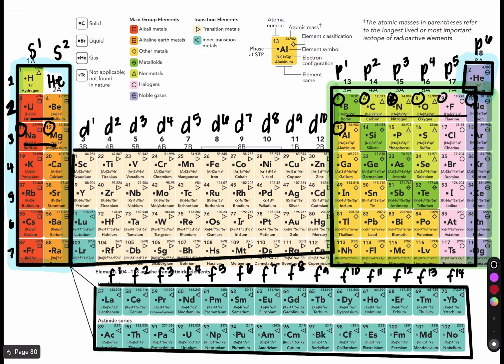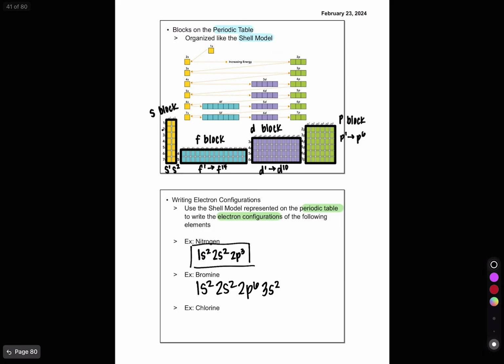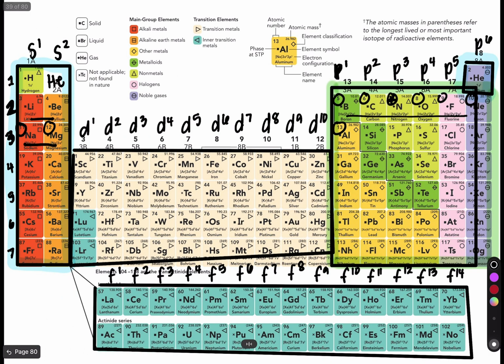Now I'm in the 3p block. Notice my 3 and my p's is how I figure that out. The entire 3p block is going to get filled up with 6 electrons. After argon is potassium, so I'm now in the 4s block, and that's going to get filled up with electrons.